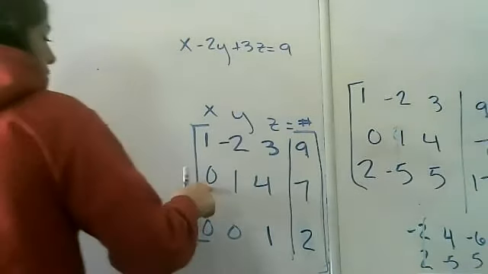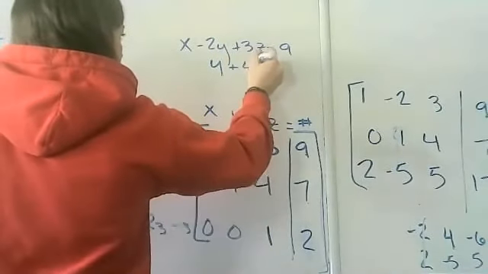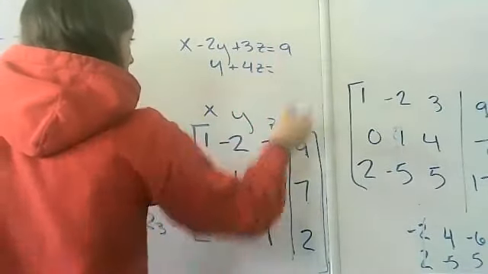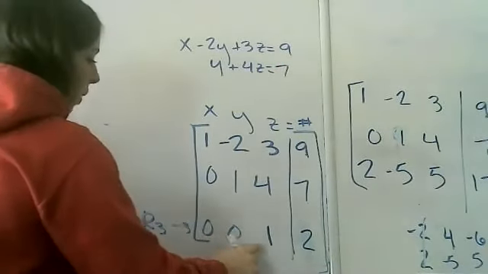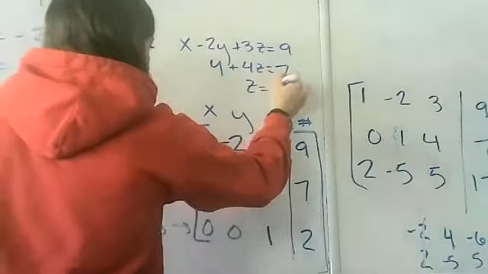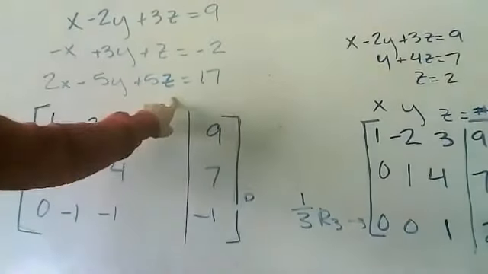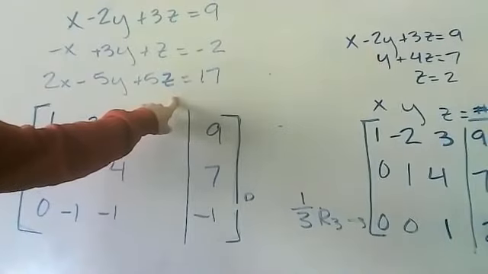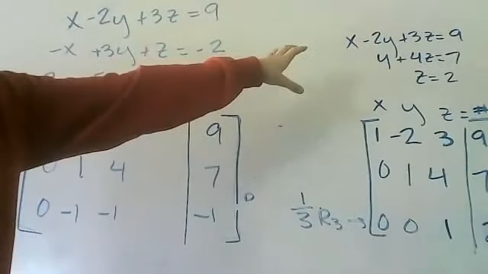And then no x's but 1y plus 4z equals 7. Very last equation, no x's, no y's, 1z equals 2. So this is exactly what you would always want to get when you are done solving these multivariable equations. When you are done, that is exactly what you would want.